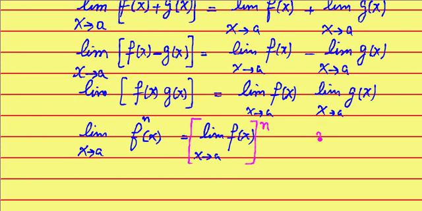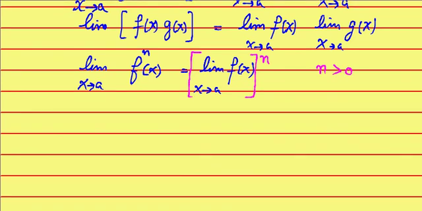So n is going to be some positive number, not a negative number. You have to watch out for what you're doing.